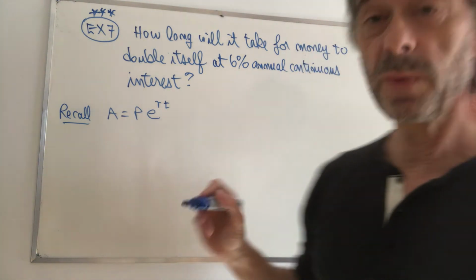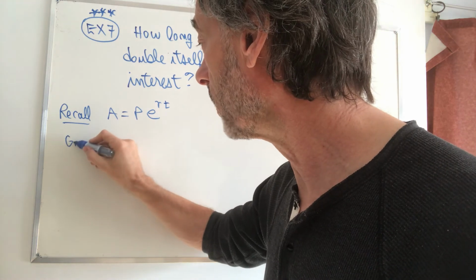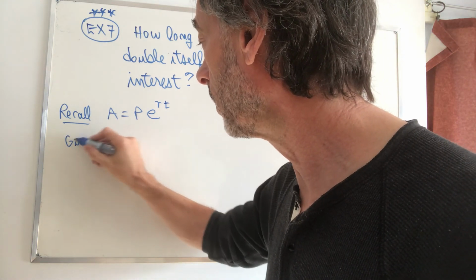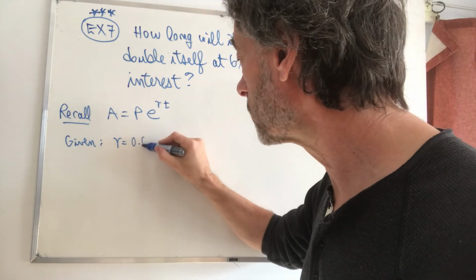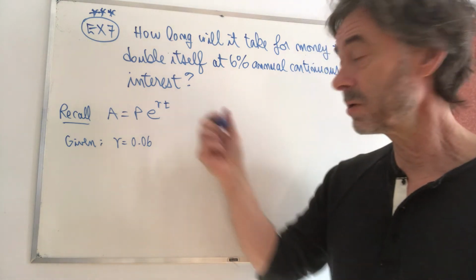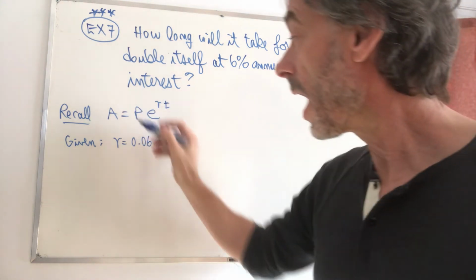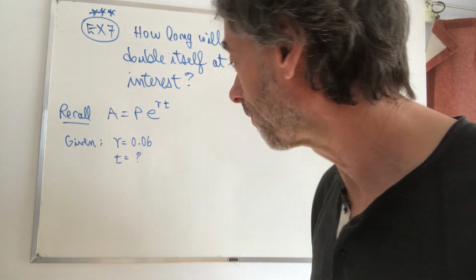In this problem, we seem to be given extremely little information. The only thing given is the rate. Given r is equal to 0.06. Nothing else is given. So I seem to be lacking a lot of information to answer this, right? So how long means how much time will go by.